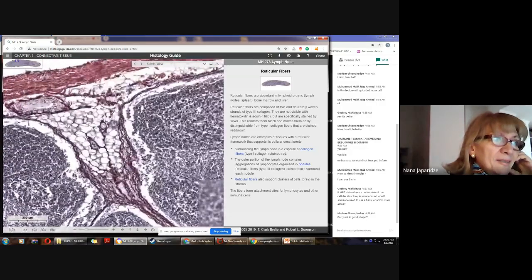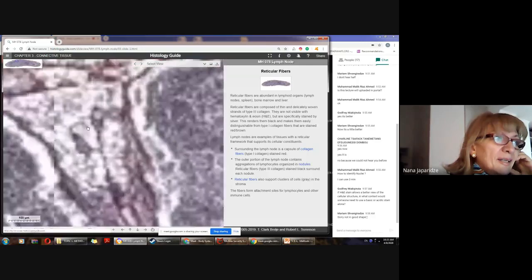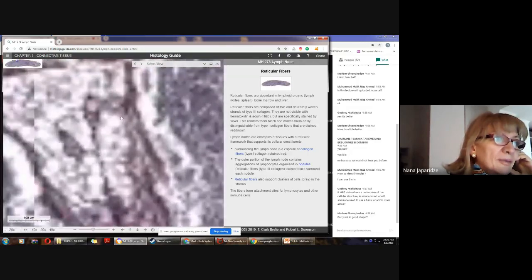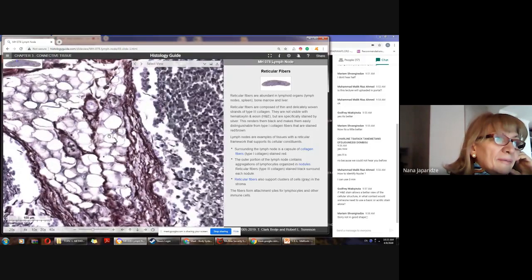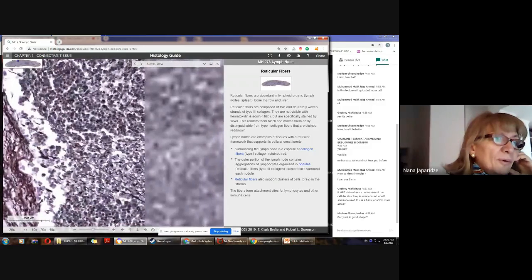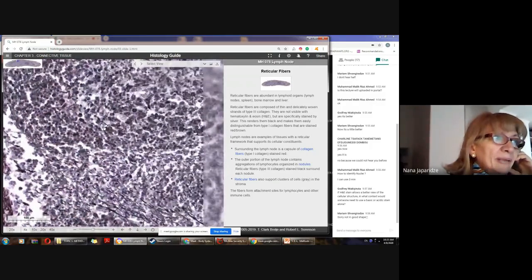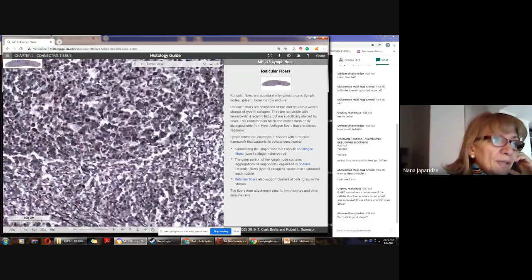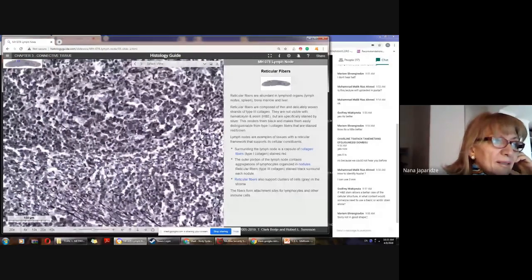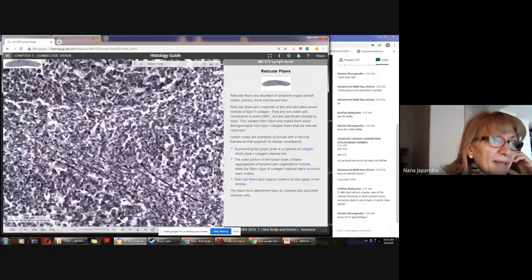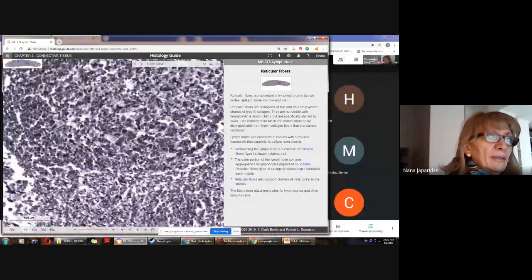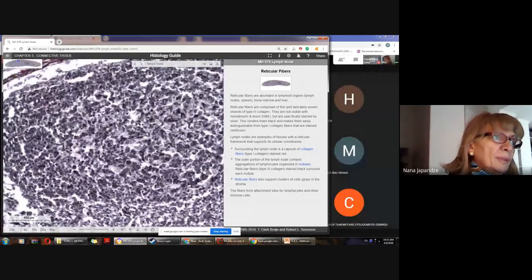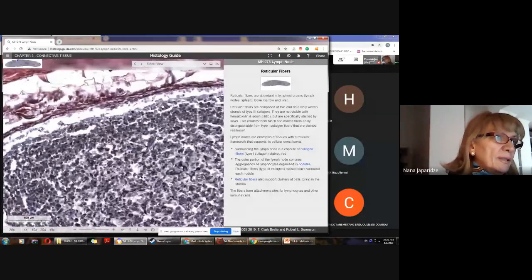Fat cells. Yes, this is adipose tissue. And if you go to the parenchyma of the lymph node, you see these dark stained lines, black stained lines. These are reticular fibers, which are not observable in the case of, for example, hematoxylin eosin staining.